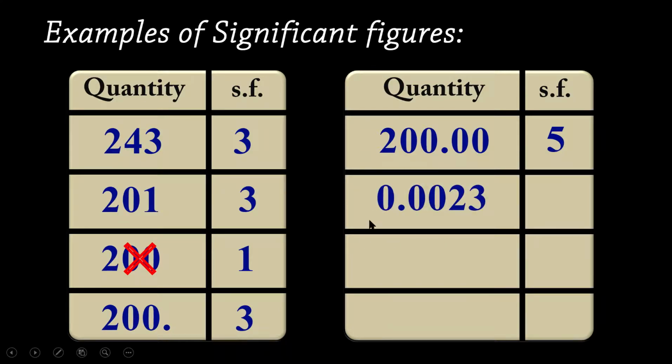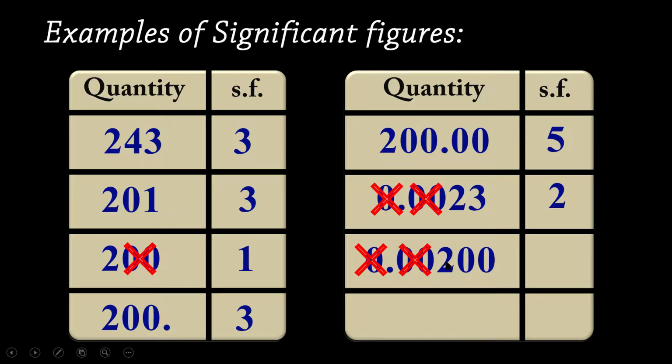If the given value is 0.0023, just 2 and 3 are the significant figures and the leading zeros are disregarded. So I just have 2 significant figures here. If the given value is 0.00200, the leading zeros are disregarded, but the trailing zeros are supported by that decimal point.